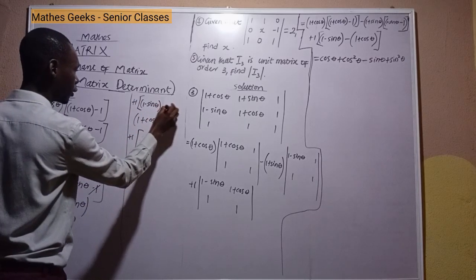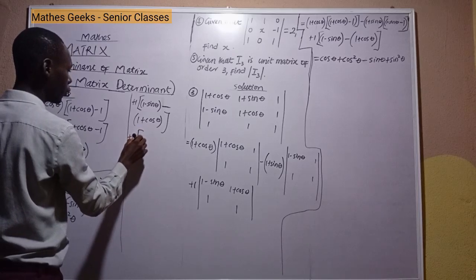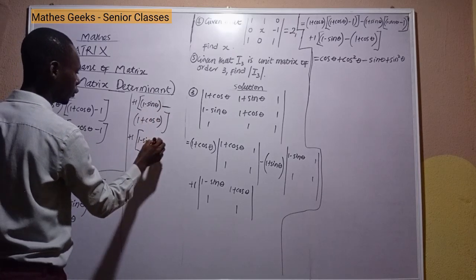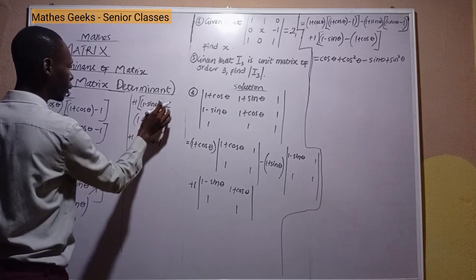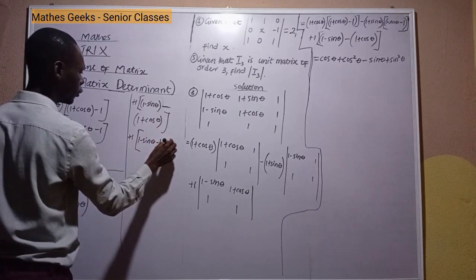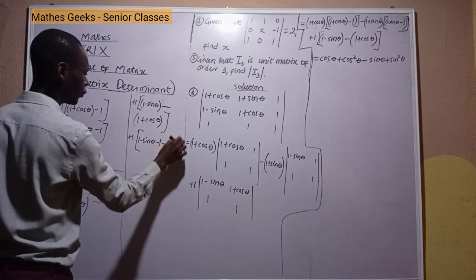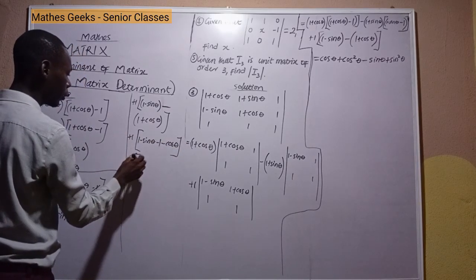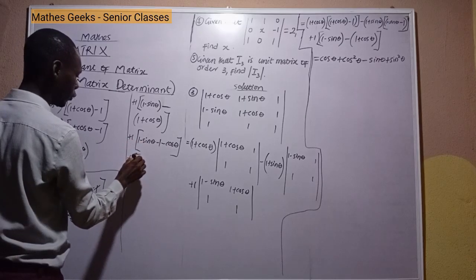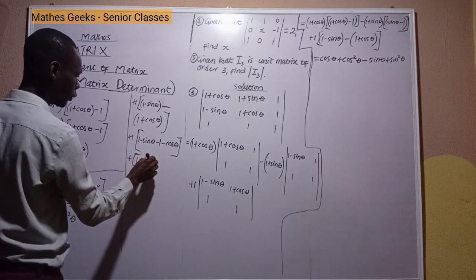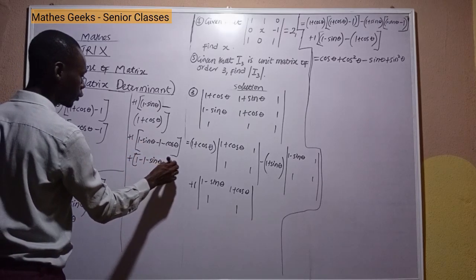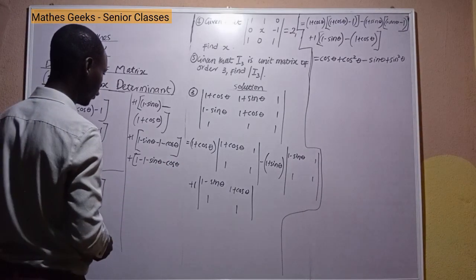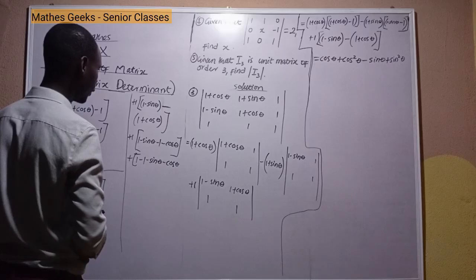Since it is separated by minus, you open the bracket: 1 minus sin theta. Minus times 1 gives us minus 1. Minus times plus cos theta gives us minus cos theta. So let's simplify further: 1 minus 1 minus sin theta minus cos theta.